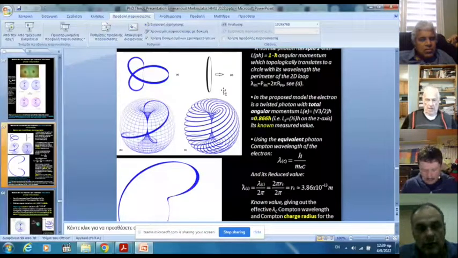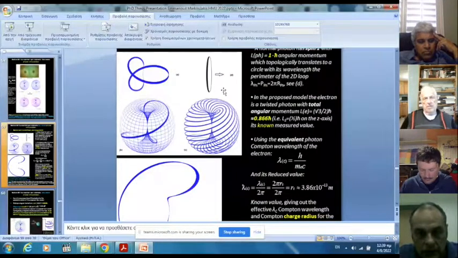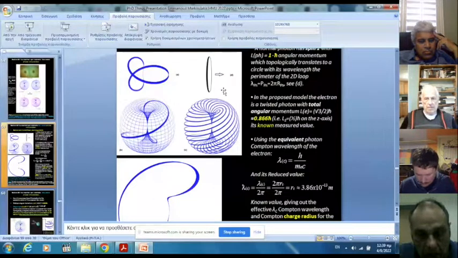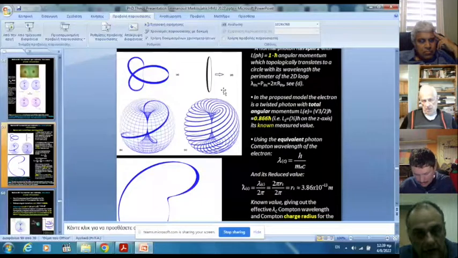So when you turn an electron into a photon, which happens with a positron-electron pair annihilation, it produces two photons. When you measure the wavelength of this decayed photon, it's exactly the Compton wavelength. That's why we say our model is consistent with this.